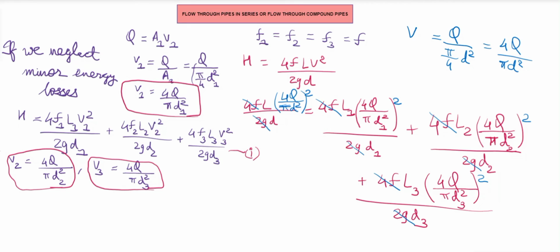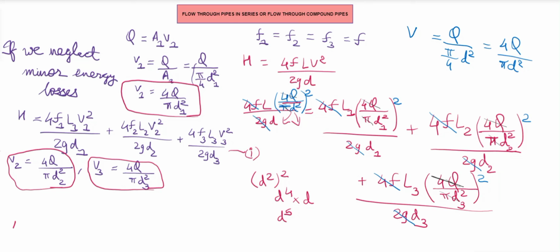After cancelling that, we'll be left with, in the denominator, this d square whole square. That, let me just write it separately and show it to you. This d square whole square will be d raised to 4, and also we are having one more d, so it will be d raised to 4 into d, because this d raised to 4 will get multiplied in the denominator with this d, hence it will become d raised to 5.